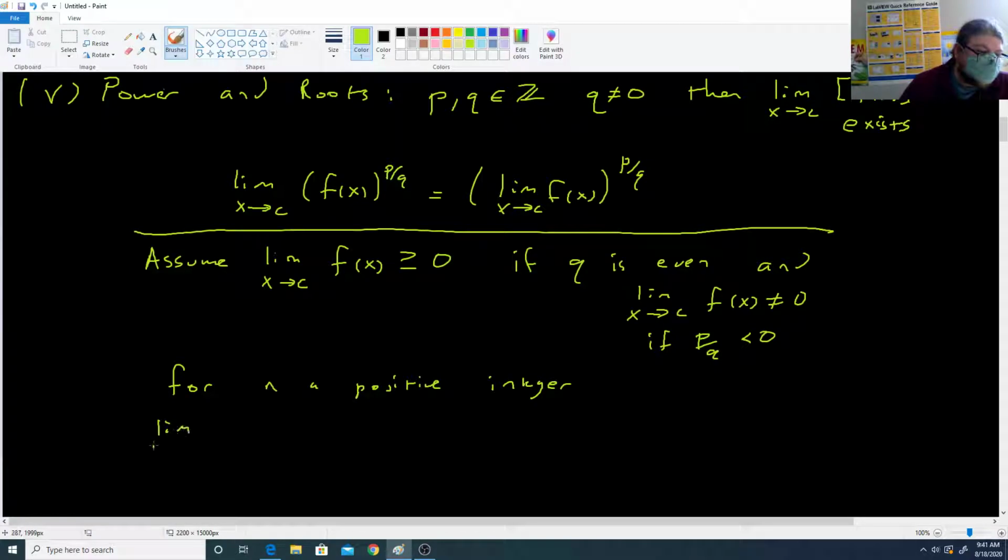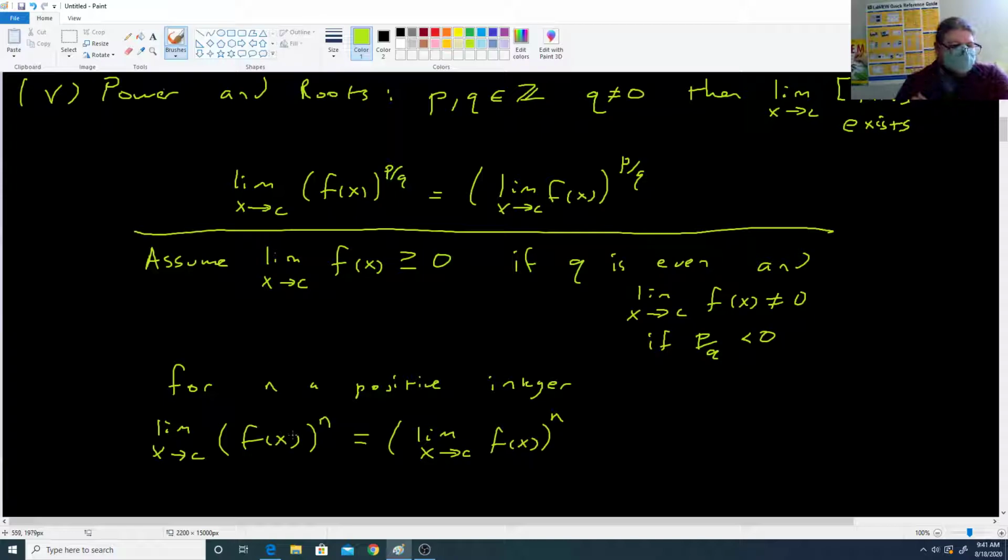The limit as x approaches c of f of x to the nth power equals the limit as x approaches c of f of x, all to the n. So basically, you're able to pull the limit inside the power. So if you want to know the limit of something raised to a power, as long as all this stuff is set up correctly, then you can pull the limit inside.